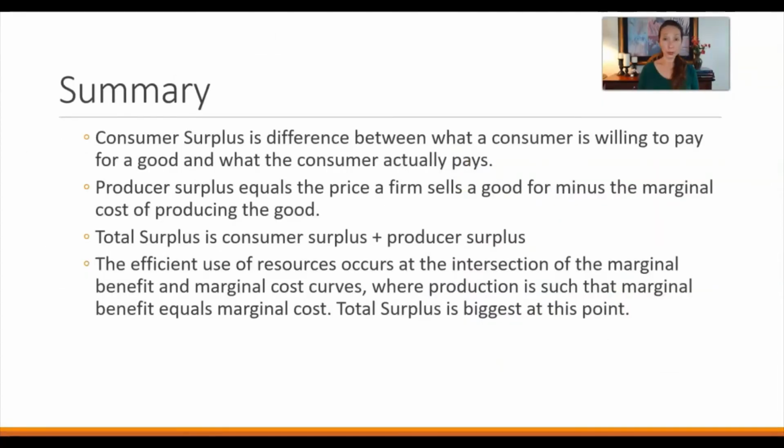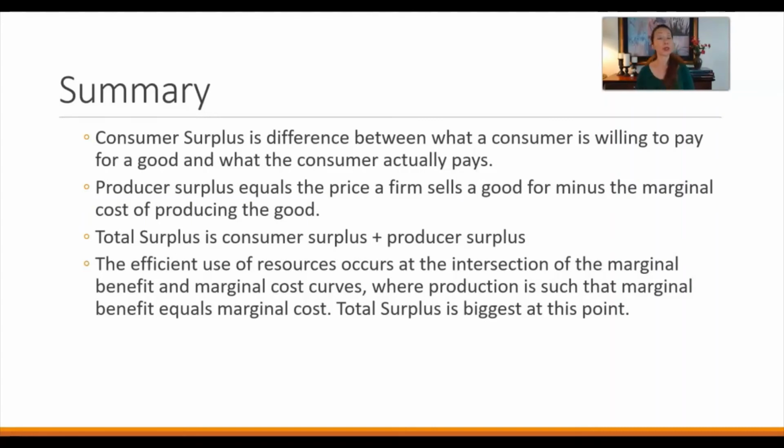To summarize, consumer surplus is the difference between what a consumer is willing to pay for a good and the price that the consumer actually has to pay. Producer surplus is the difference between the price that a seller can get in the market and that seller's marginal cost. When you add consumer surplus and producer surplus together, we have what is called total surplus.